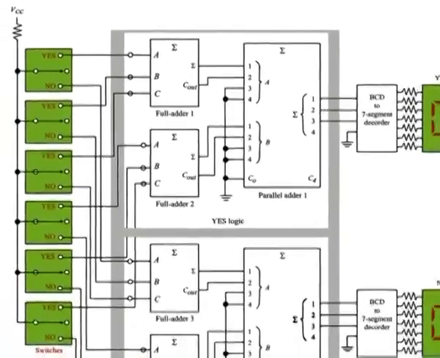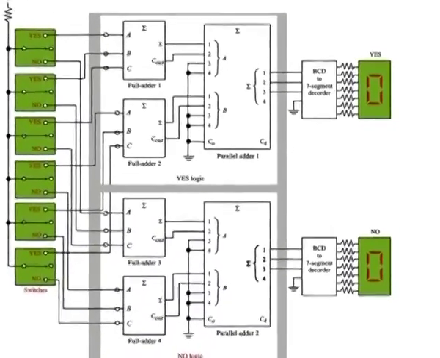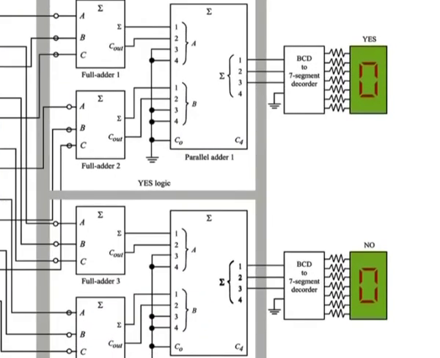For this basic 6-position system, the outputs of the parallel adder go to a BCD to 7-segment decoder that drives the 7-segment display. As mentioned, additional circuits must be included when the system is expanded.